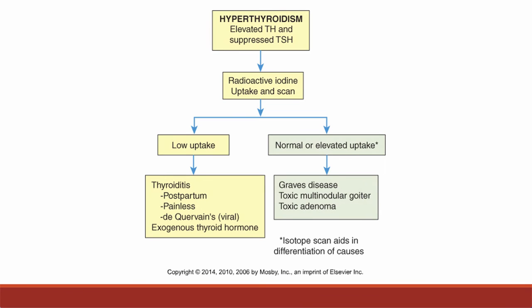So the hypothalamic pituitary axis starts to shut down production, right? The more thyroid hormone that's circulating in the blood, the more it is sending that negative signal to the hypothalamus and the pituitary gland to shut down production of TRH and TSH.